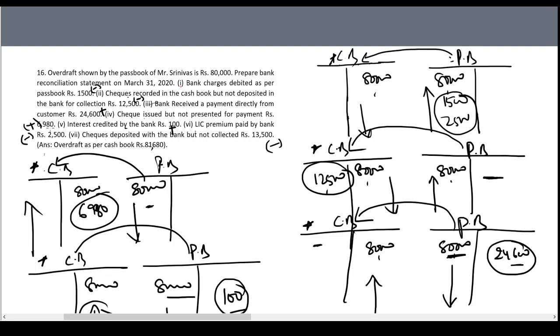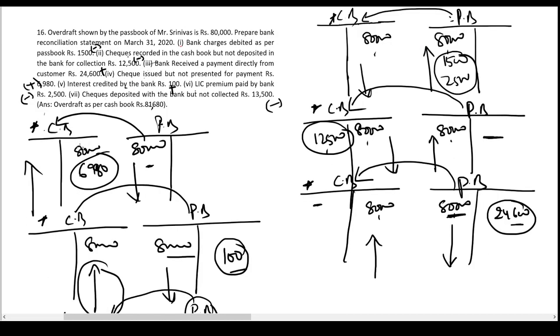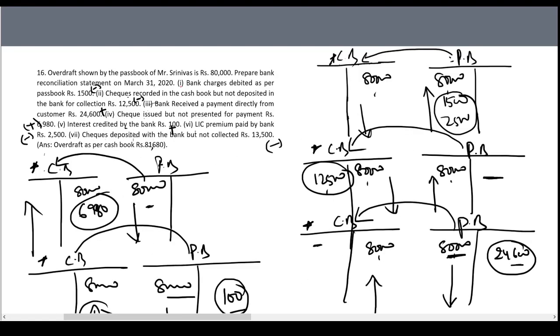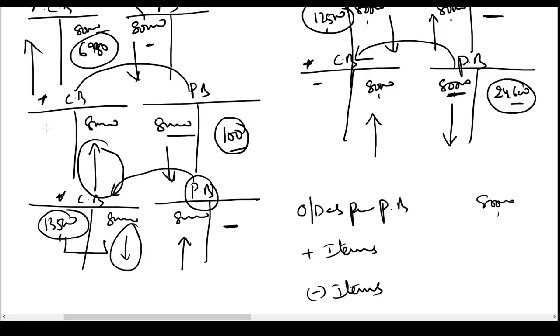It will become 31,580. 31,580 plus 100, 31,680 rupees. 31,680 rupees is the total of plus items.